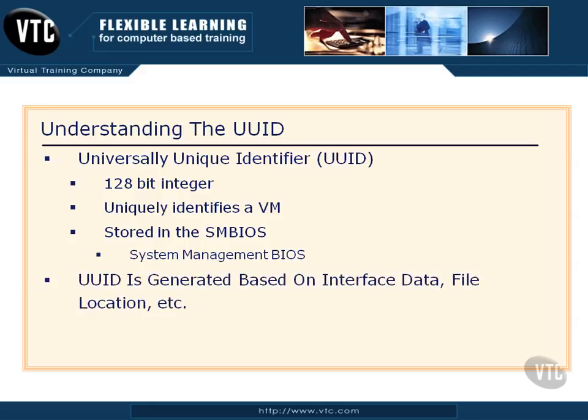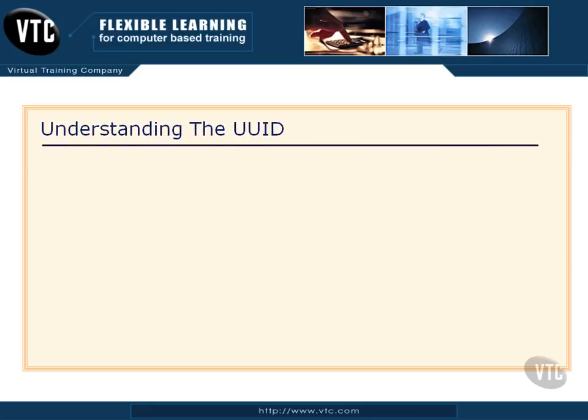Now, the UUID is generated based on interface data, meaning network cards, network information, MAC addresses, the file location, curvature of the earth, temperature of the sun in December, that sort of thing. So there's a lot of different things that come into play to generate this UUID. And again, the purpose is just to be able to absolutely identify this particular virtual machine.